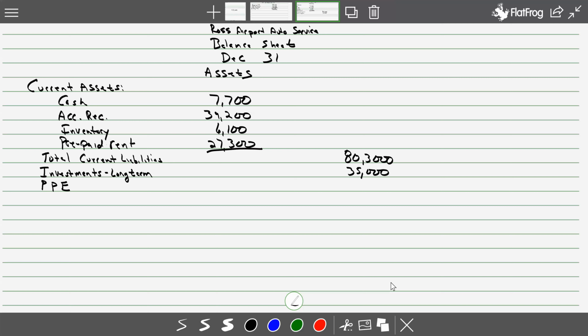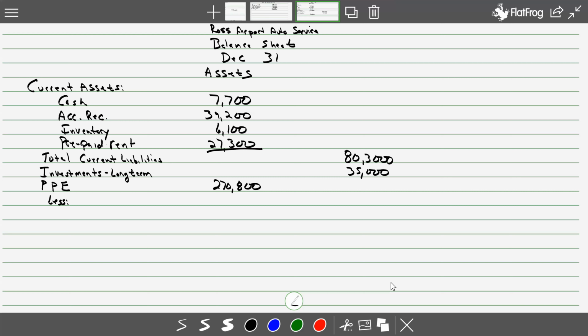So for property, plant, and equipment, looks like we have two here. We have our equipment and the accumulated depreciation. So I'm going to list them on the inside. So our equipment is $2,780.